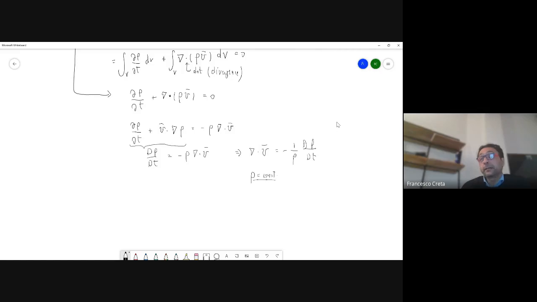And if it is constant and uniform throughout your fluid field, then by definition, the material derivative is zero, right? So we have that the velocity has this property of being so-called solenoidal.